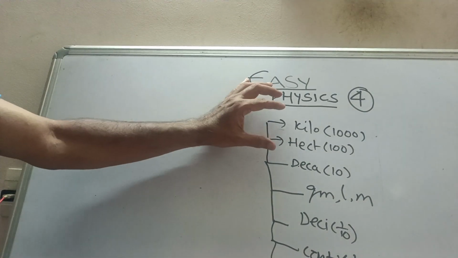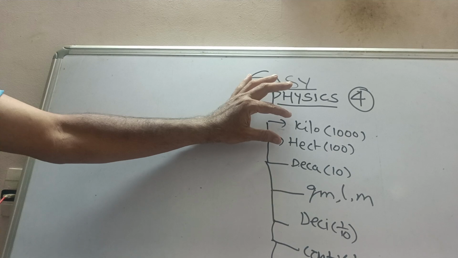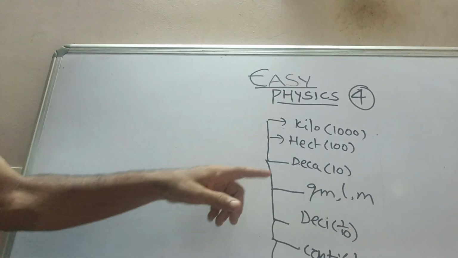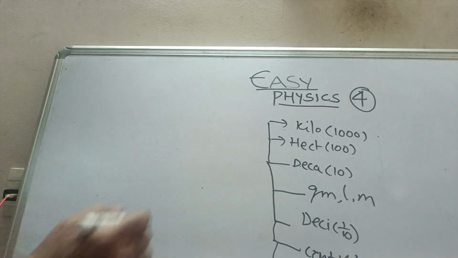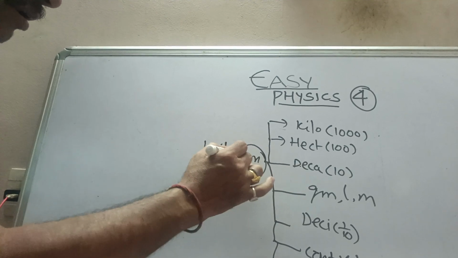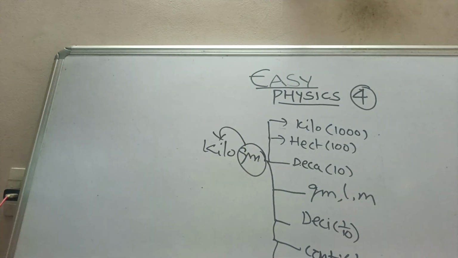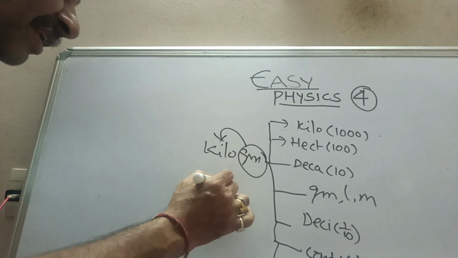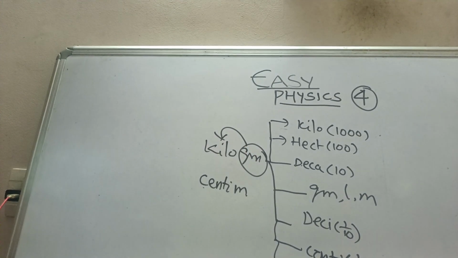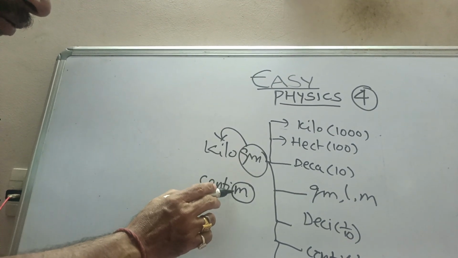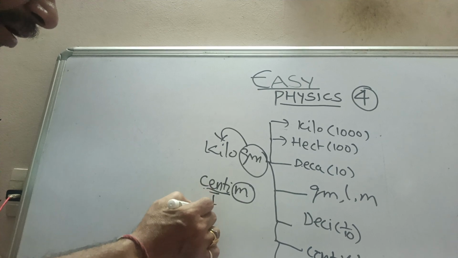So understand these prefix words. Wherever kilo is there, if it is kilogram, take the gram and multiply by 1000, it will become kilo. Centigram, centimeter: it means the meter is there, and making it centi means 1 by 100.